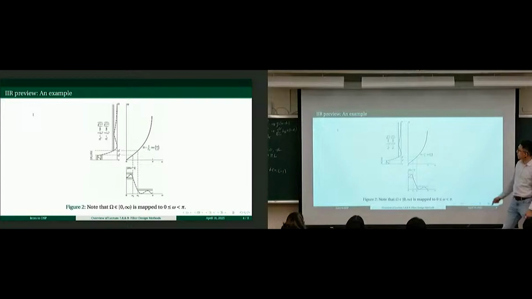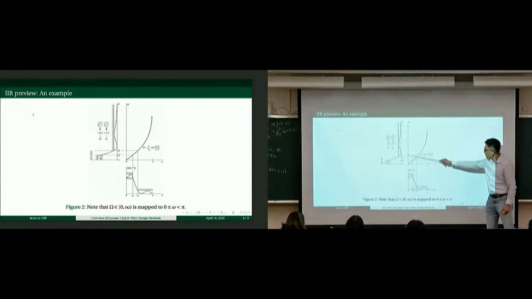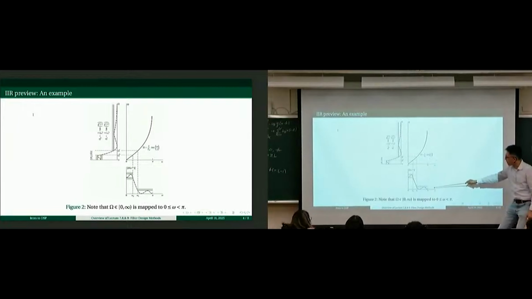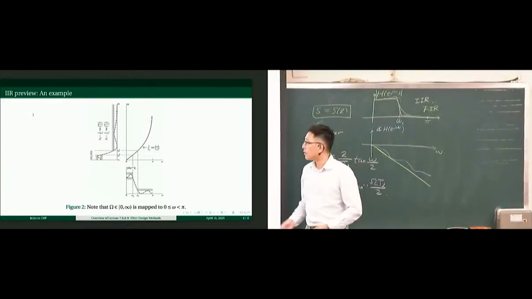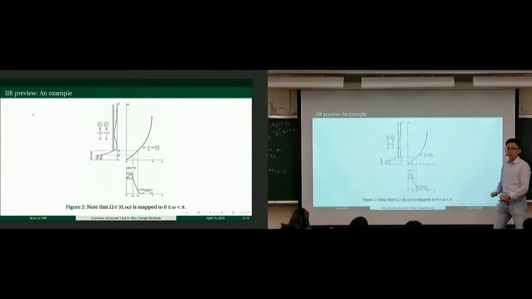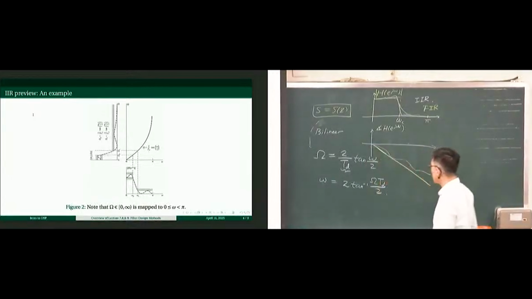So we begin with the prototype, and then we can obtain a design of a digital filter. That's the idea: to borrow from analog, and then make it digital. It's a tricky but interesting way to design a digital filter by starting with analog.